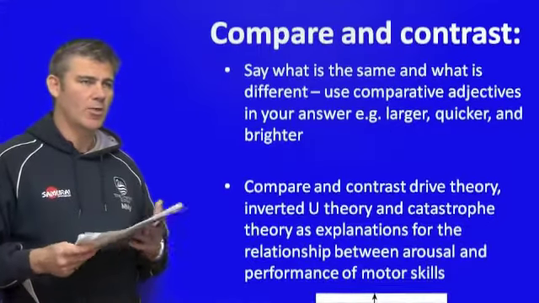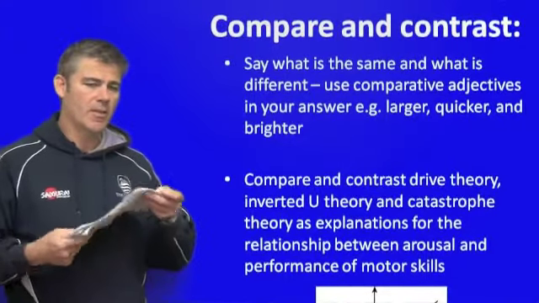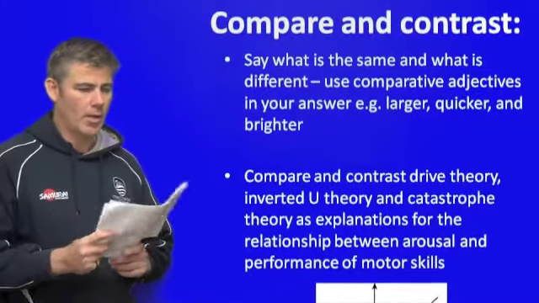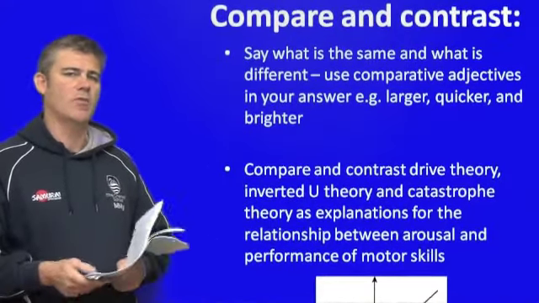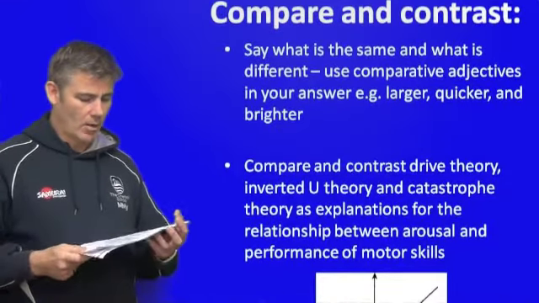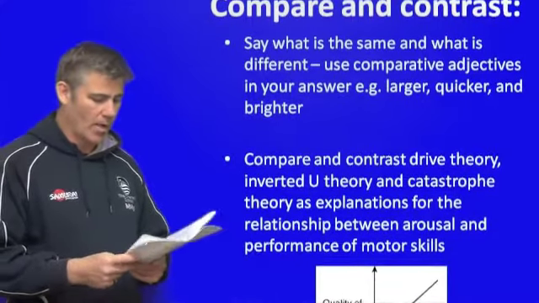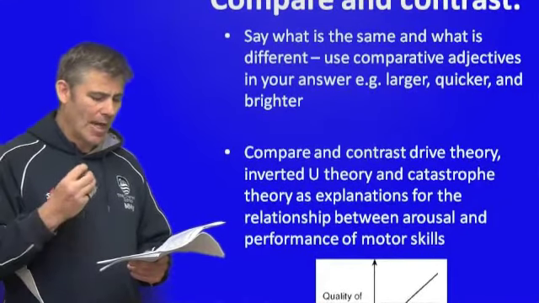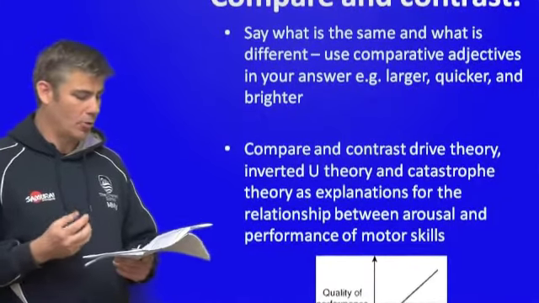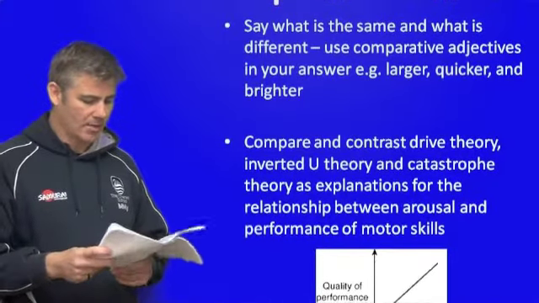One which we've looked at quite a lot in the past, comparing and contrasting. This is where you have to draw upon your own understanding, certainly with psychology, different theories that you think are the easiest to understand and grasp. So you've got to compare, using adjectives in your answer. So for example, you talk about larger, quicker, brighter, easy to understand.